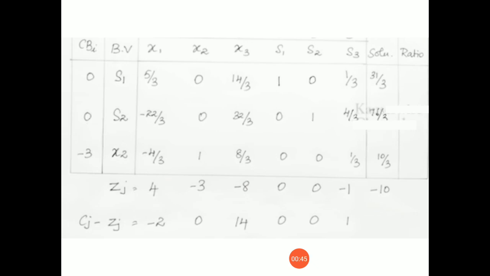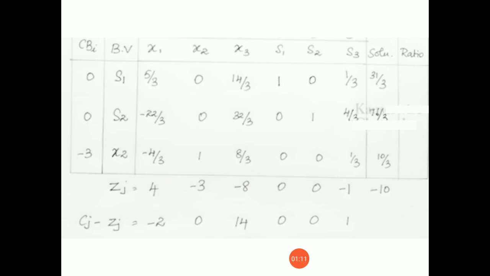Now as I've already told you in my previous lectures, in a minimization type linear programming problem, for reaching the optimality condition using the simplex method, all the elements of the Cj minus Zj row should be either positive or 0.